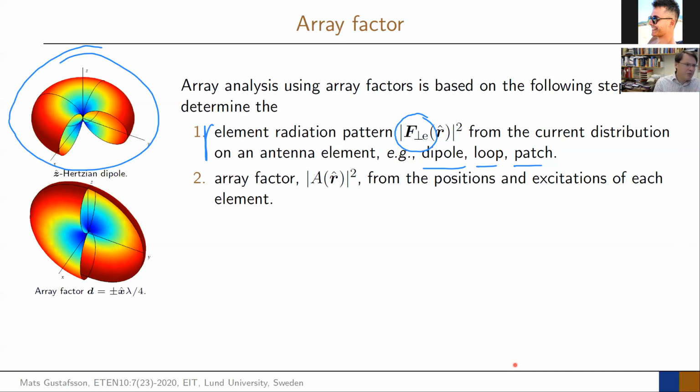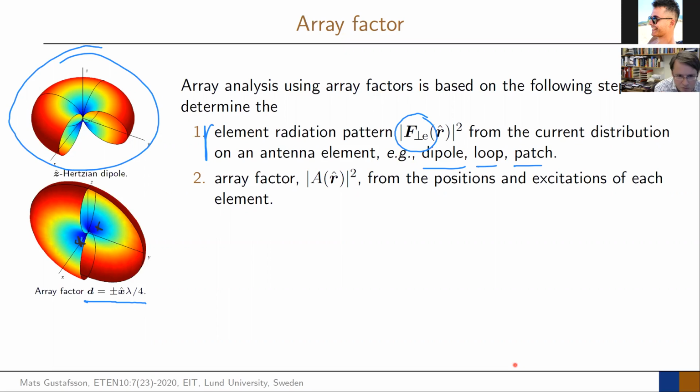And now I did an array factor by taking 2 different elements, plus minus a quarter of a wavelength in the X direction, which means one element sits there and one element sits there. So they are on the X-axis, and there is half a wavelength between them. And this is now the plot of the array factor from those 2.